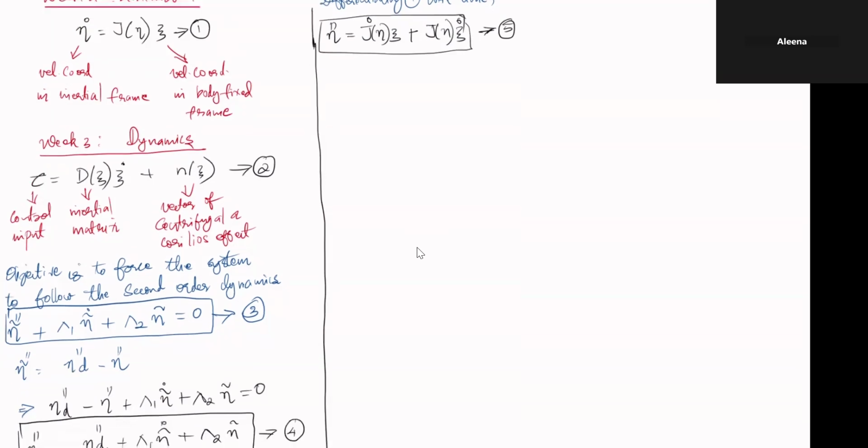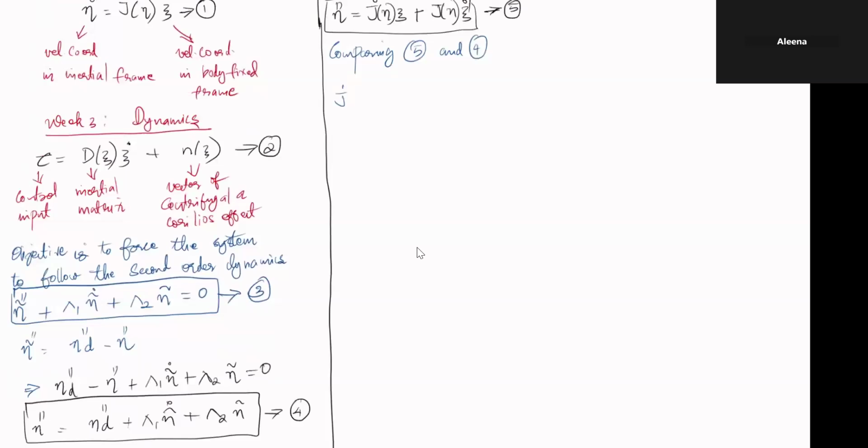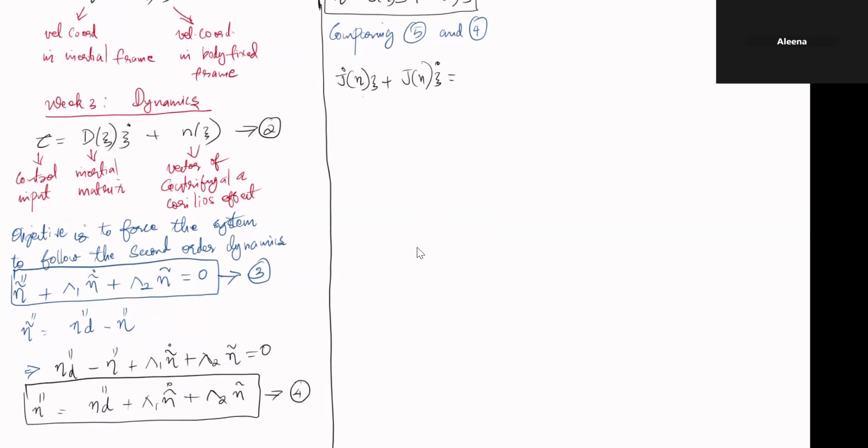On comparing equation 5 and 4, you will get J dot of eta theta plus J of eta theta dot, which would be equal to the RHS of equation 4.